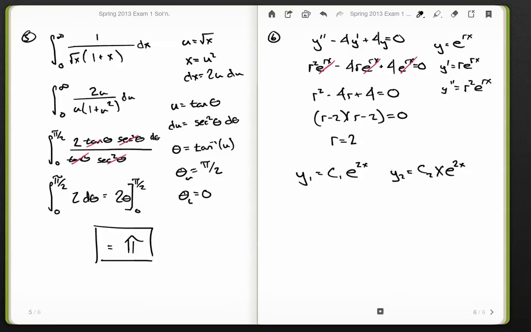So the key thing is you can't use the same solution twice because they're not linearly independent. We've got to change the solution and add that x there. So our final answer is y equals c1 e to the 2x plus c2 x e to the 2x. Right, and that's it.